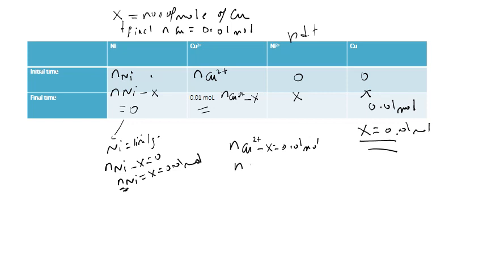So, number of mole of Cu2+ equals 0.01 plus X, and X is equal to 0.01. So the number of mole of Cu2+ is equal to 0.02. It is the initial number of mole of copper ion. For Ni2+, number of mole of Ni2+ at T final is equal to X. It is equal to 0.01 mole.